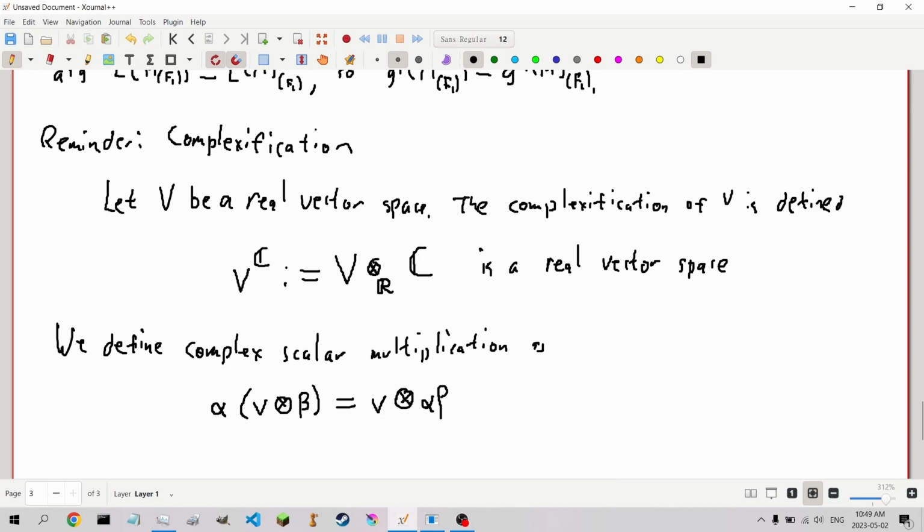And this is going to give us an element inside V_C, which we can then compare with other elements of V_C as you typically would with a tensor product.